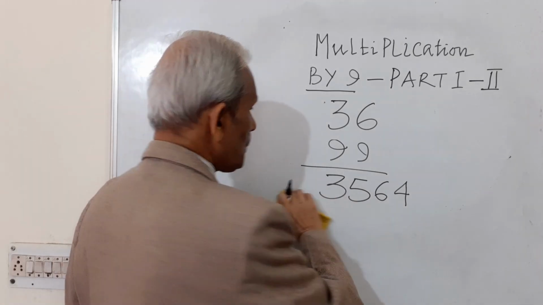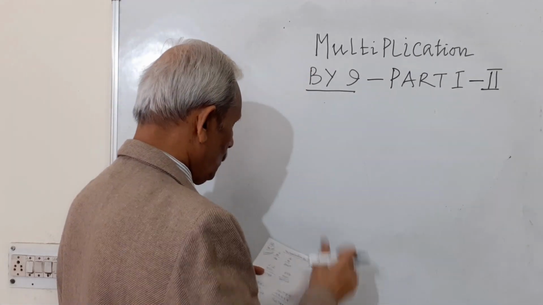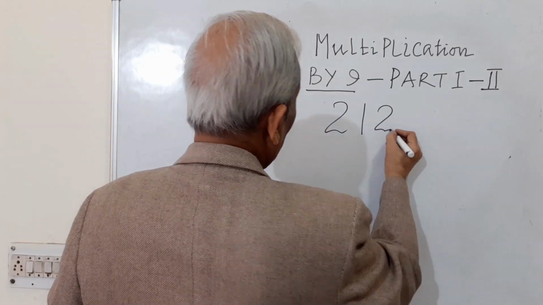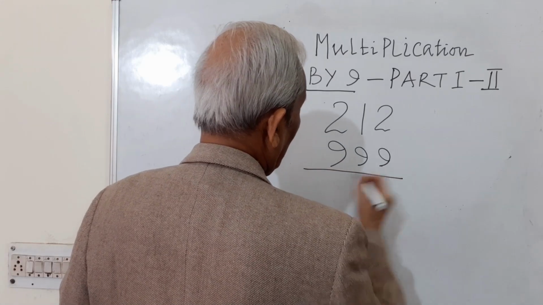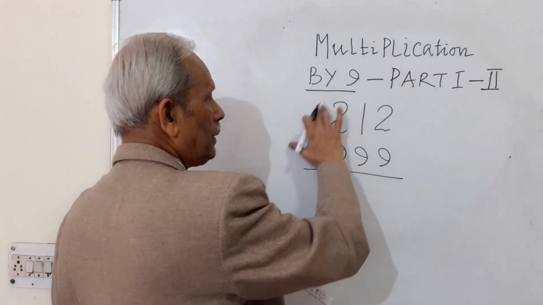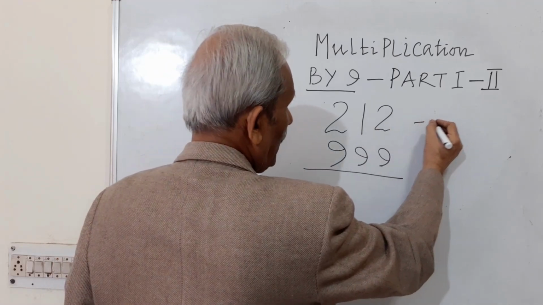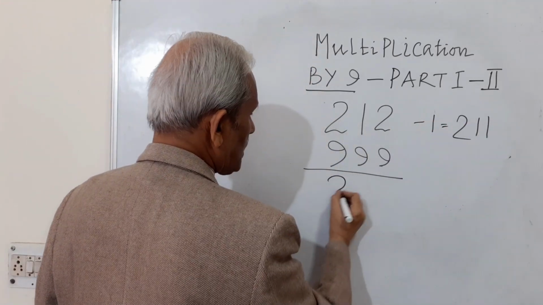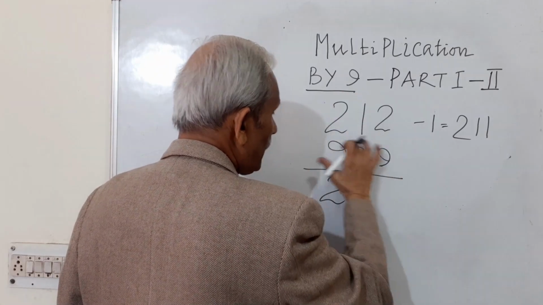Well, let us do another question, a 3-digit question. 212 into 999. Here again the digits are the same. So first reduce this by 1. 212 minus 1 is 211. So the first part of the answer is 211, and then the complement of this.